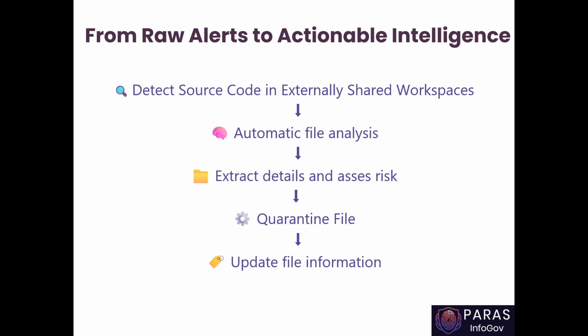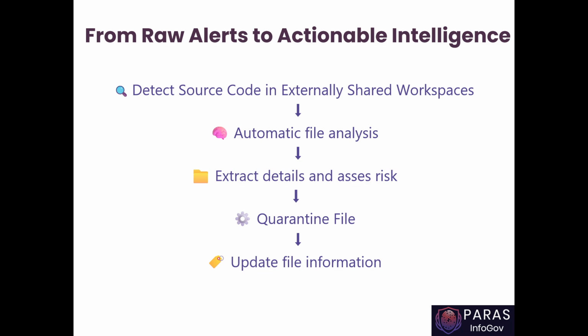So here is where it gets interesting. What if the alert did not just say source code found, but instead told you that the alert detected a Python script, and the script is calling Azure APIs with some hard coded access tokens, and the risk is high because there is some credential exposure, right? That's actionable.